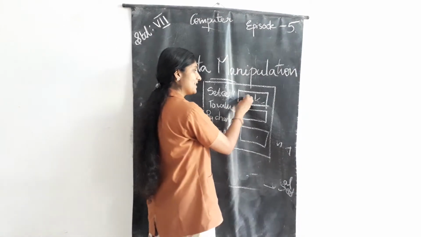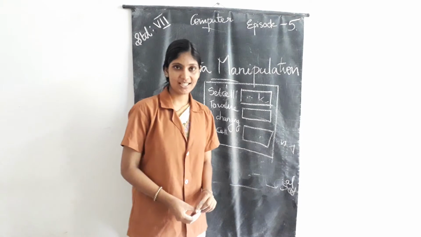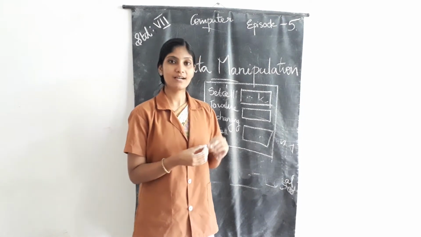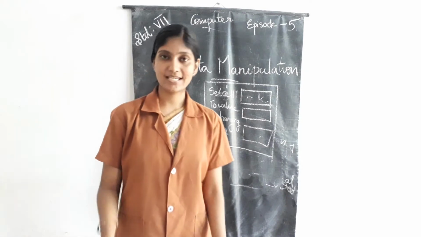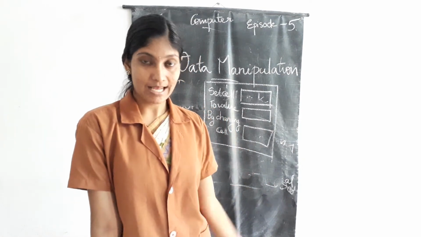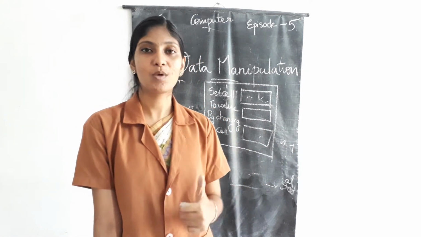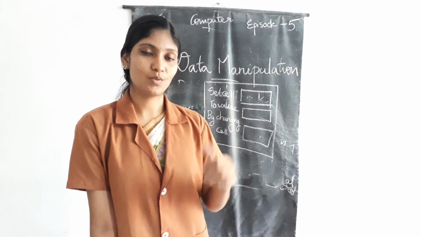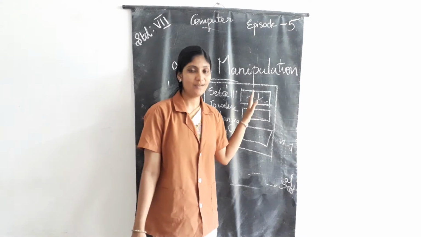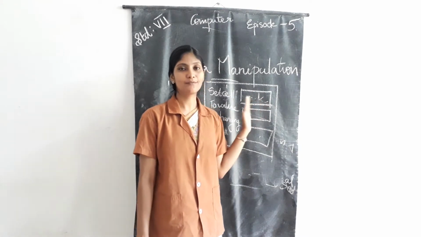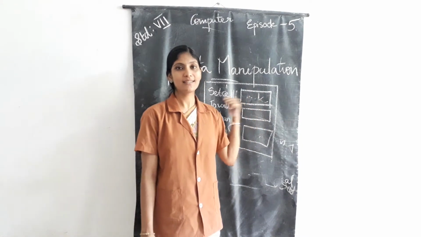Set cell means here we can enter the cell address of the final result. That means here we can enter the address of the cell where you entered the formula for calculating the result.